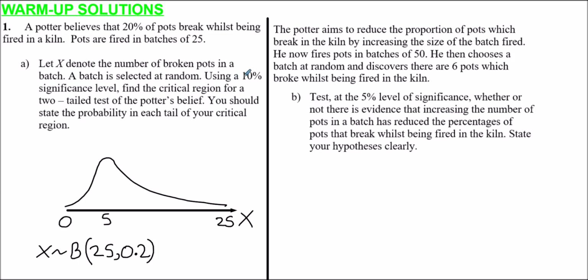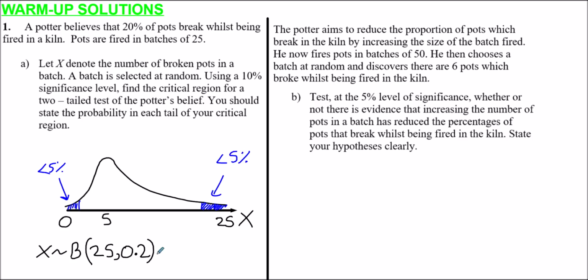We're testing at the 10% significance level, so what we need to do is to split this in half, so we need less than 5% in each tail. So this region here, that must be less than 5%. And this tail over here, wherever it may lie, that also needs to be less than 5%. So we're getting as close to 5% as we can without actually being over 5%.